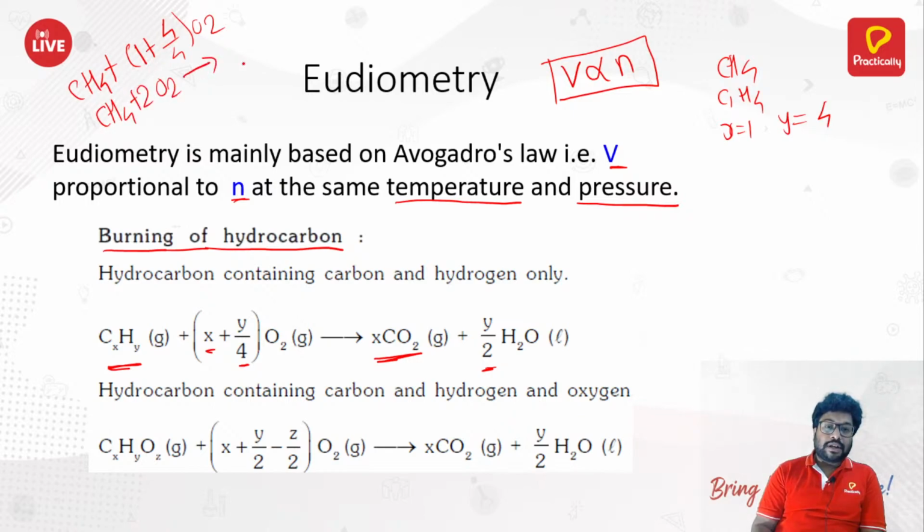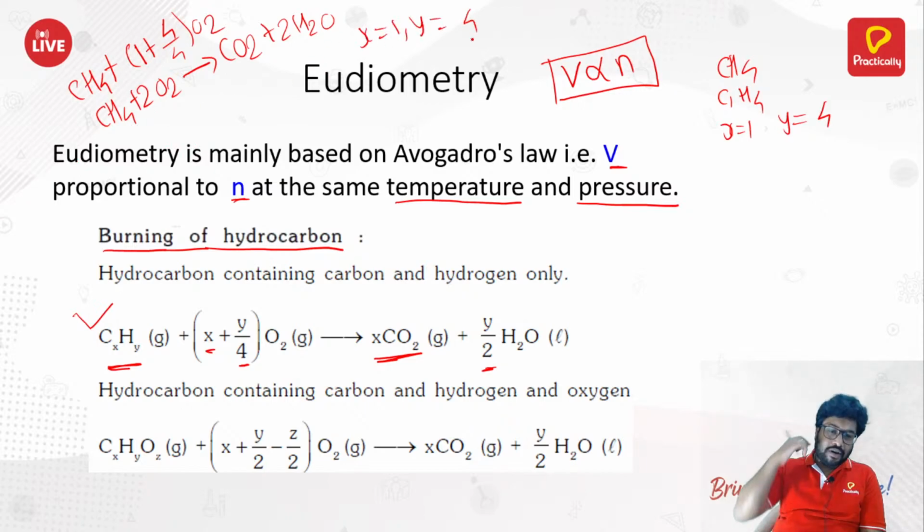It will give you CO2 and 2H2O. So you can see the reaction is balanced here. That is how this formula is justified. If you look at the reaction here, x is equal to 1 and y is equal to 4, right?